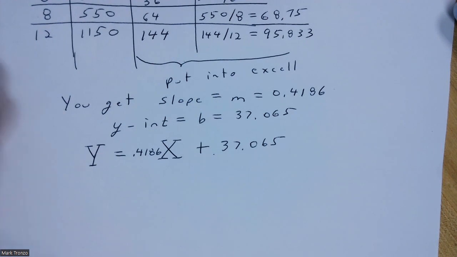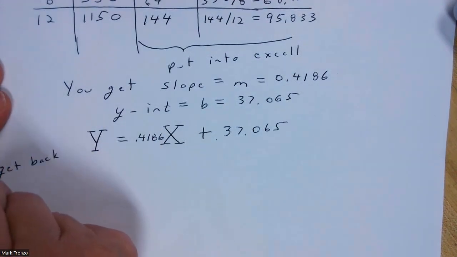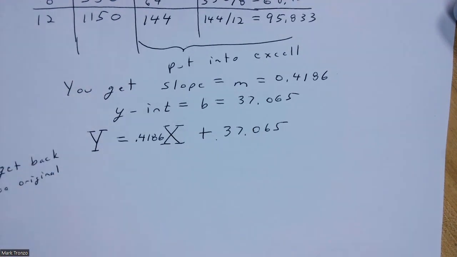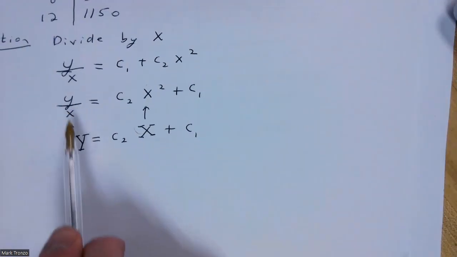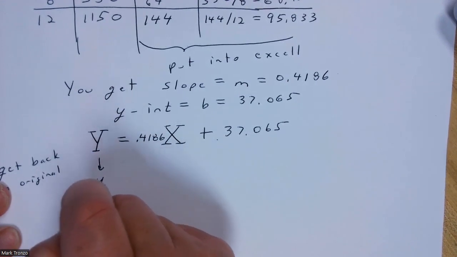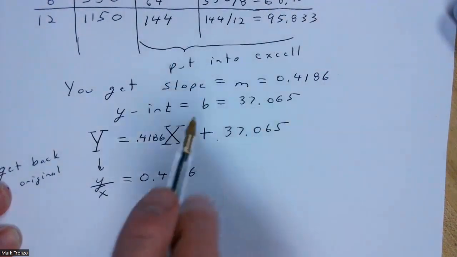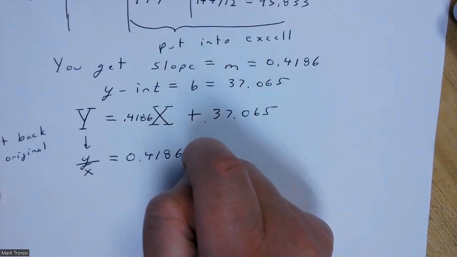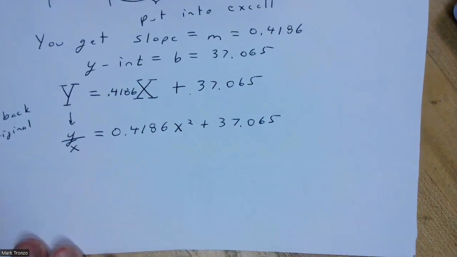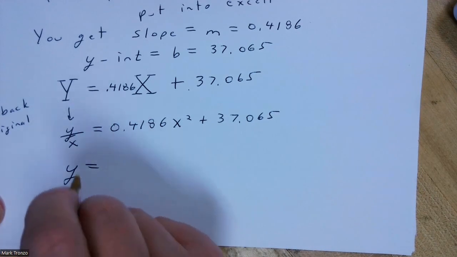But now to get back to the original equation, remember what capital Y was equal to: small y over x. And capital X was equal to x squared. But finally, the equation we started out with was y equals, so multiply through by x.